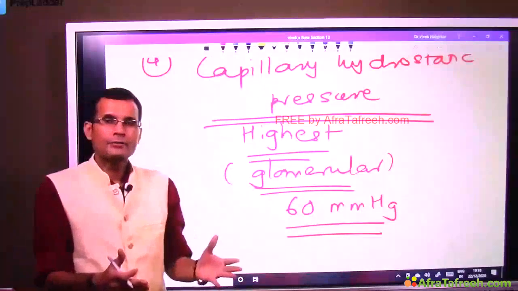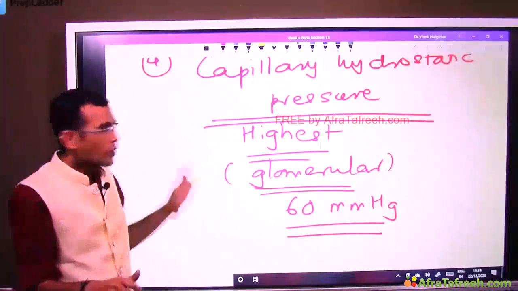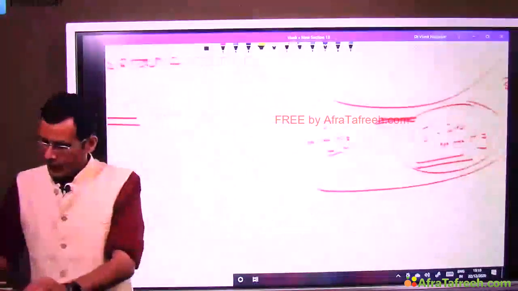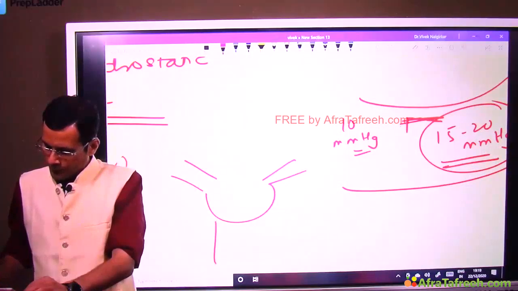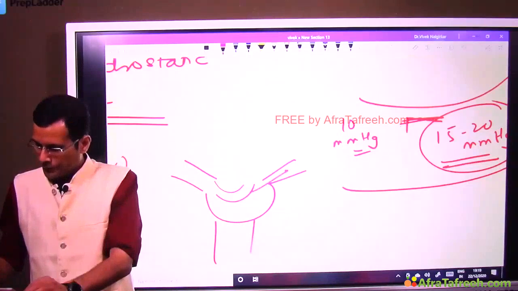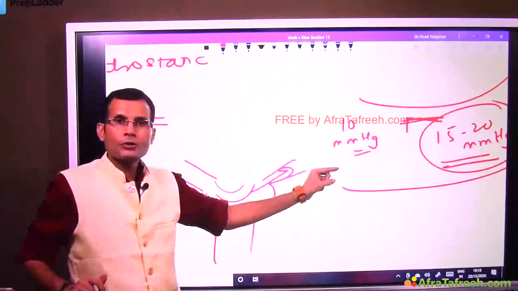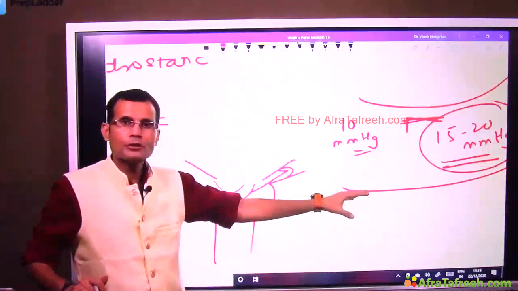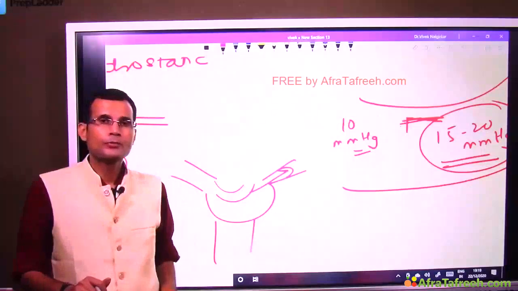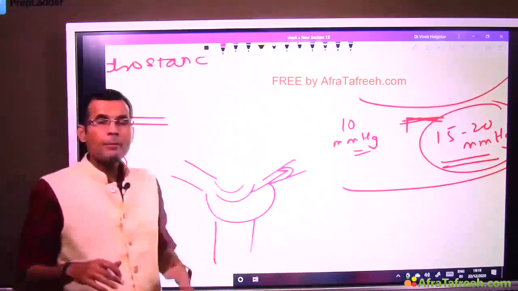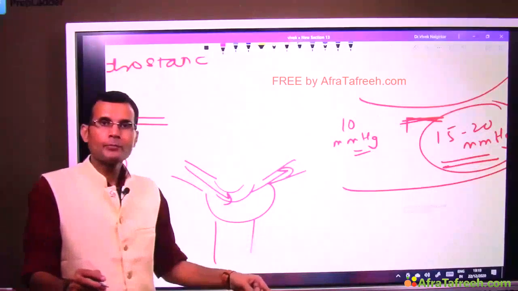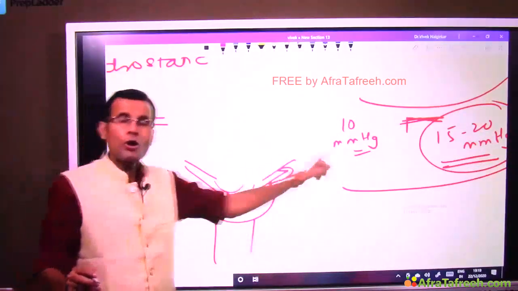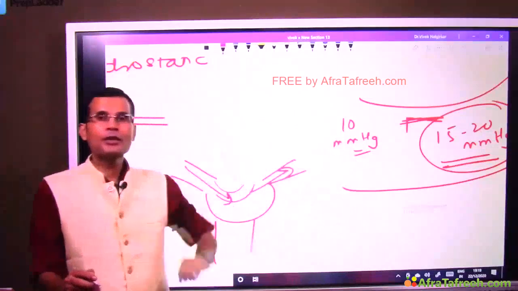And why is that? The reason is also very obvious, because the afferent arteriole is a little wide and the efferent arteriole, which takes the blood out of the glomerulus, is a little narrow. So, the amount of blood coming into the glomerulus per unit time does not all leave the glomerulus per unit time.